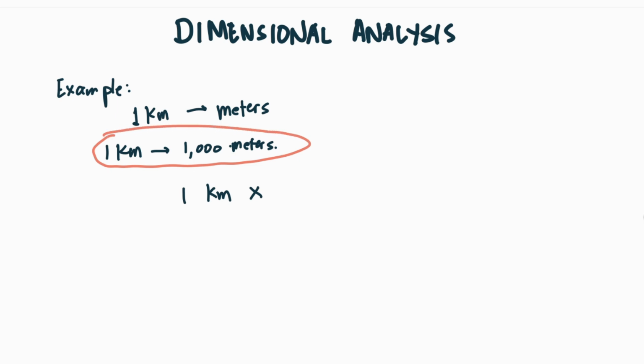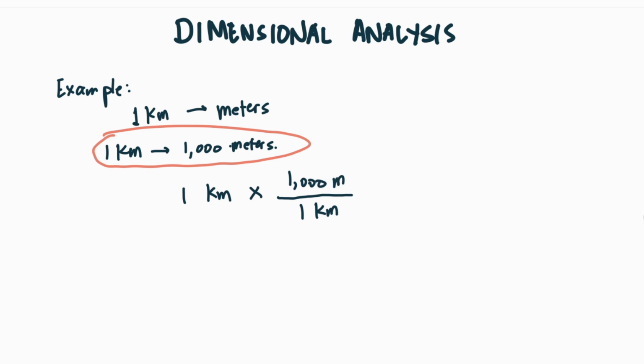So in order to cancel the unit of kilometer, we need to see to it that the units must be in fraction with one another. For instance, in order to cancel kilometers here, I need to put the kilometer unit on the denominator and then put the other conversion factor, in this case 1,000 meters, on the numerator.